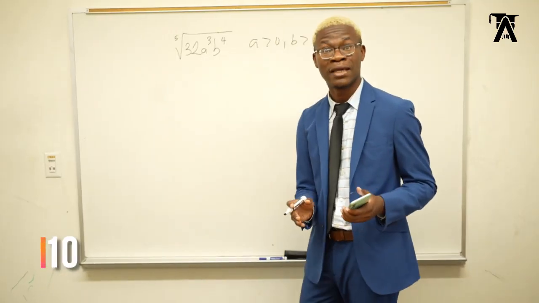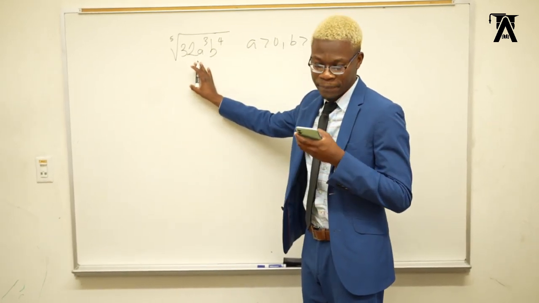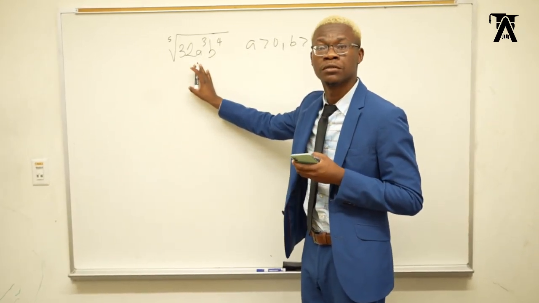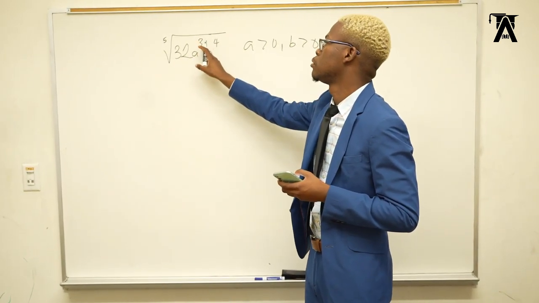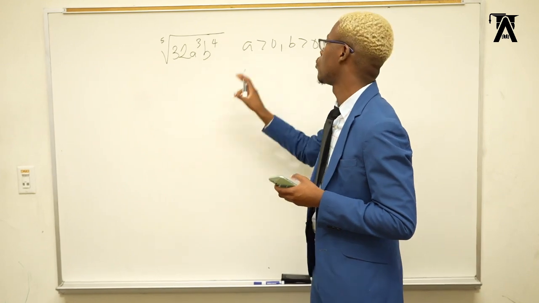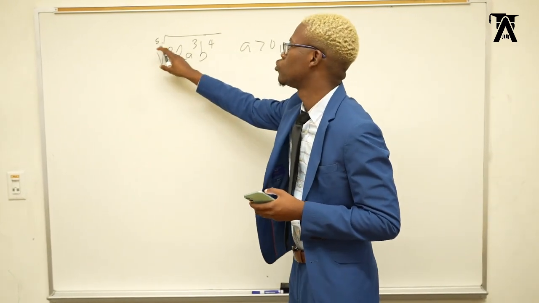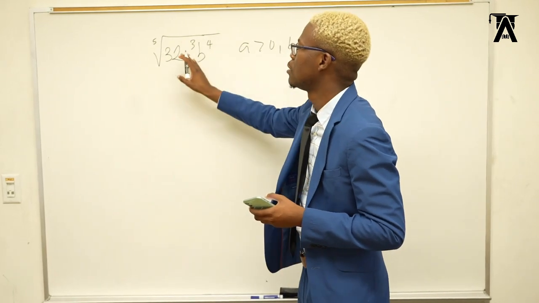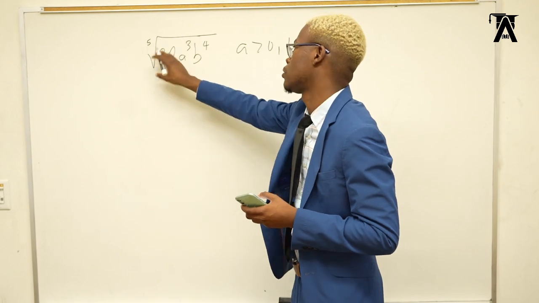We are at the 10th question, and we are given this expression, and we are to simplify it. This is the 5th root of 32a to the power of 3b to the power of 4, where a is greater than 0 and b is greater than 0. Now, the 5th root affects every number or every expression under it.